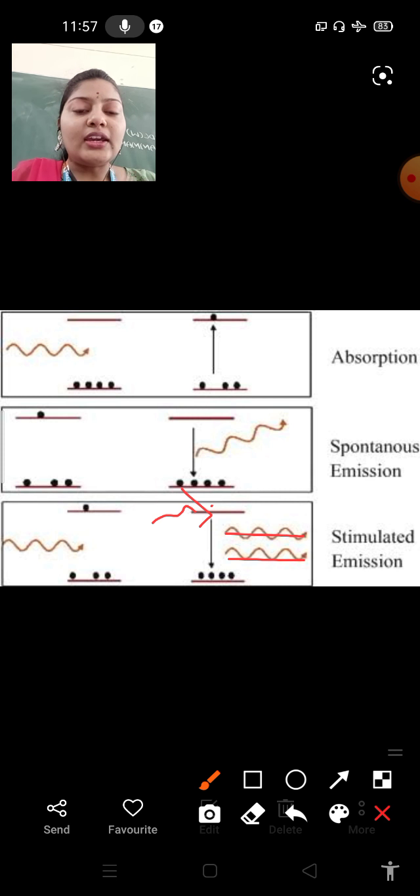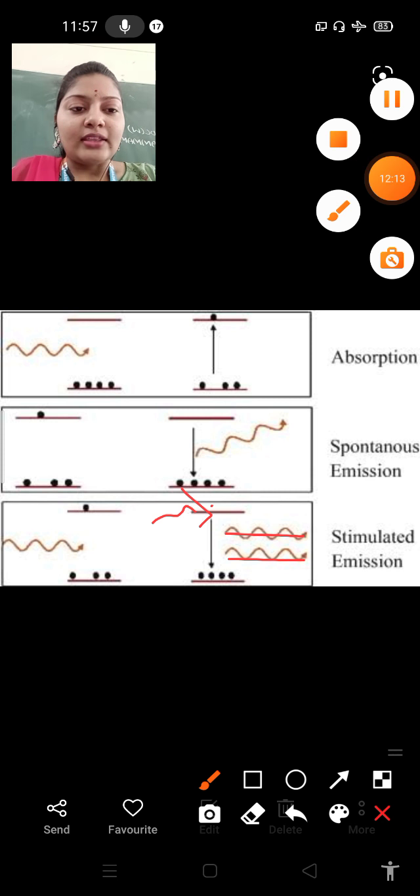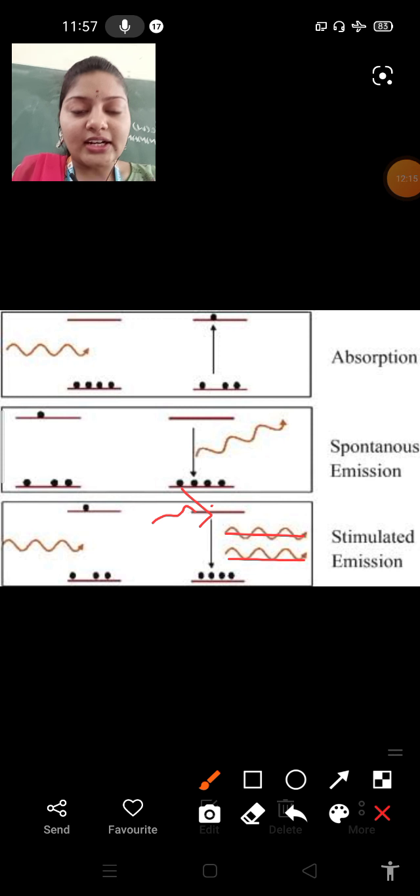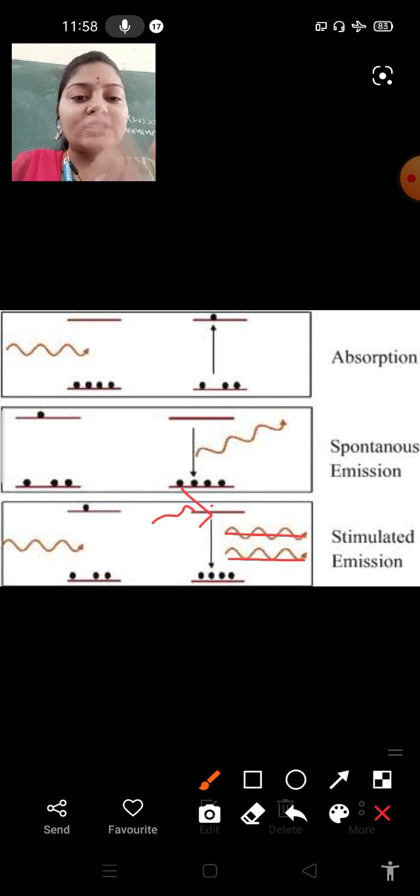Now one more thing I want to explain is the lifetime of the atom in the excited state. The lifetime of the atom in the excited state is 10 to the power of minus 8 seconds. Whenever we send atoms from the ground state to the excited state, the excited state lifetime is only 10 to the power of minus 8 seconds.